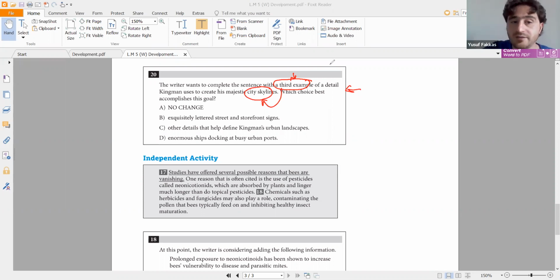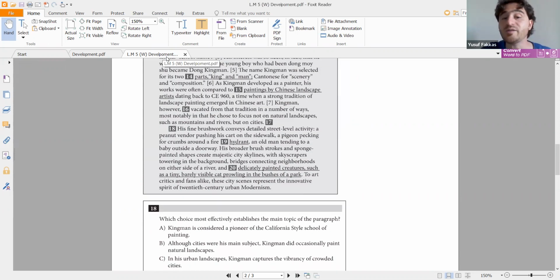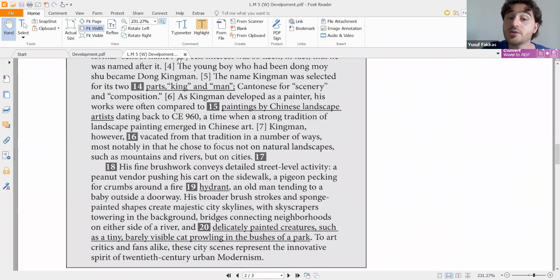First of all, the phrase third example is telling me that there are two other examples, okay? So you should choose an example that relates to the other two examples. And then the other phrase is telling me that all three examples, the two that you already have in the passage and the one that you're going to choose now, are all about city skylines, okay?